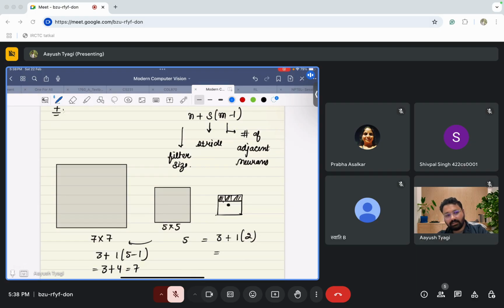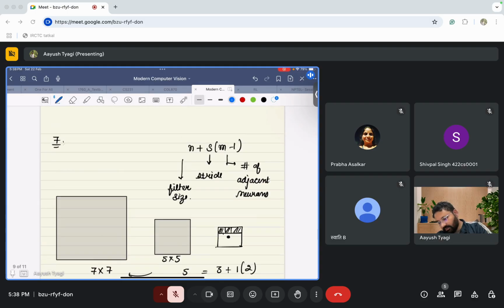In the formula which we have derived, n is the filter size, s is the stride, and m is the number of adjacent pixels.